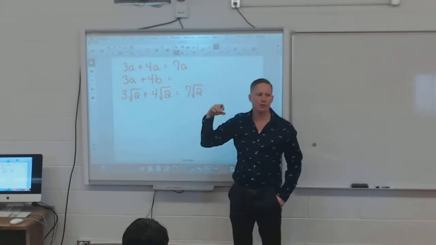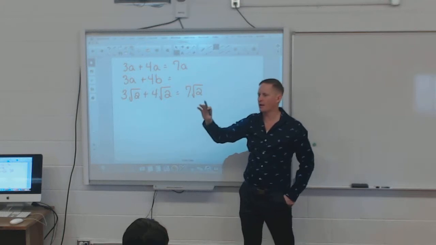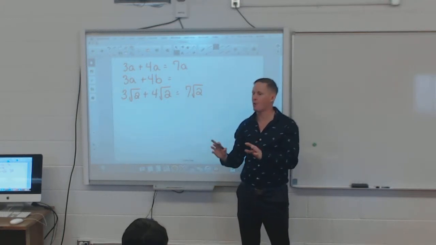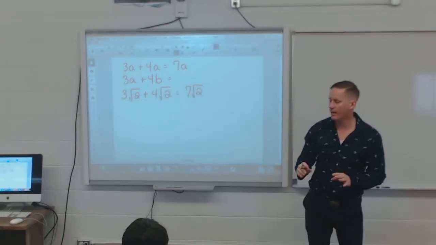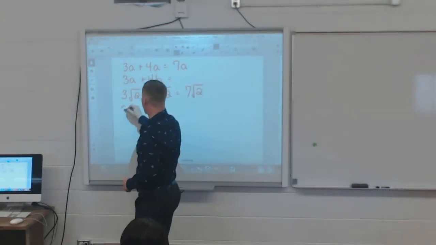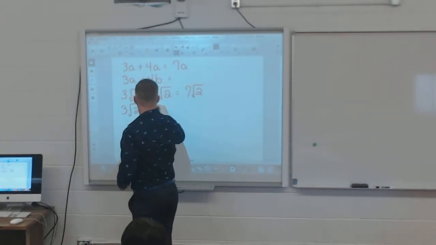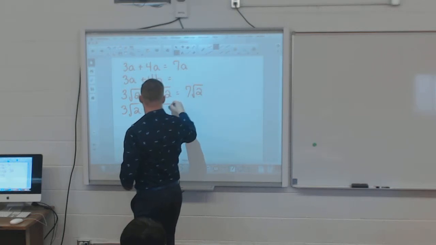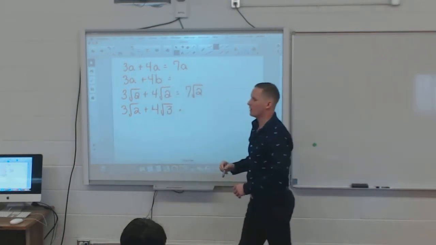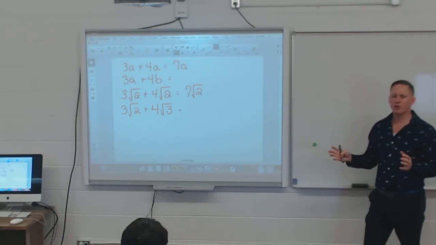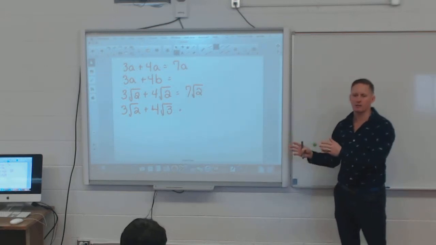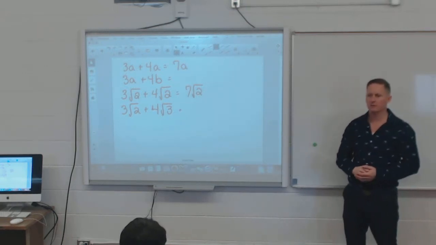Once you have that square root number, and you've got it as a radical and it can't be broken down anymore, it stays as is. All right? So what if I ask you to add this? What does that equal? Exactly the same. I can't do anything with it. If those two values are not identical, you can't add them together.